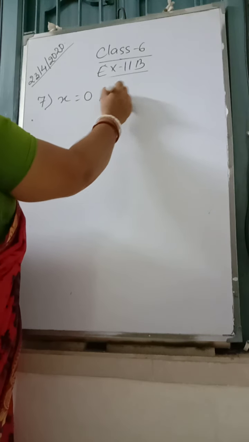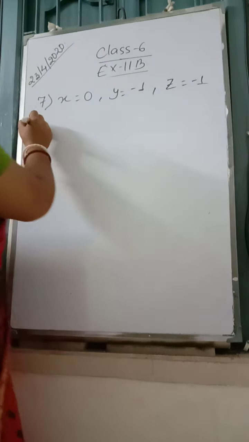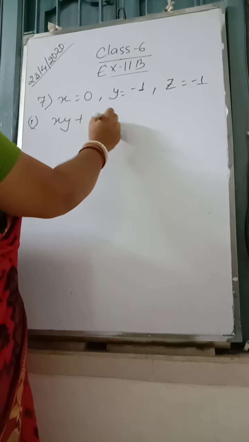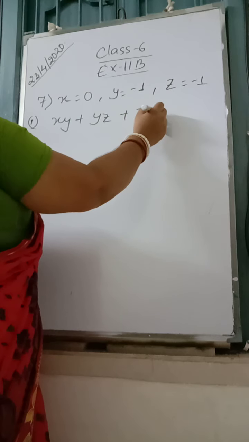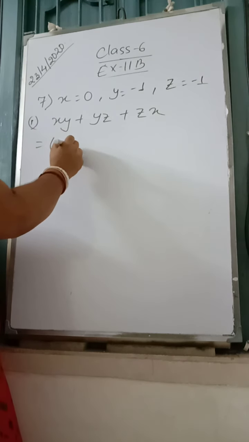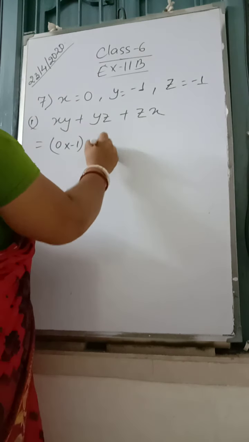X is equal to 0, y is equal to -1 and z is equal to -1. Number 1 is xy plus yz plus zx. Now xy's value will be x is 0, y is -1. See, I am writing in the bracket, so it will be easy to understand.